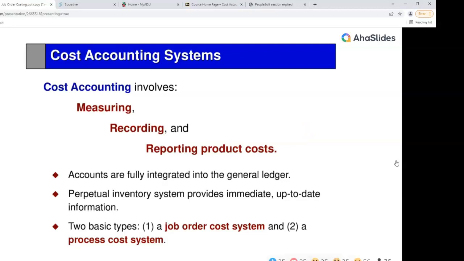And basically, there are 2 types: a job order cost system, which we're going to spend a lot of time on, and a process costing system, which we'll introduce later. Okay, but we'll talk about it now. So there are 2 basic types. Now some companies are completely job, some companies are completely process, some companies are part job and part process. All right?